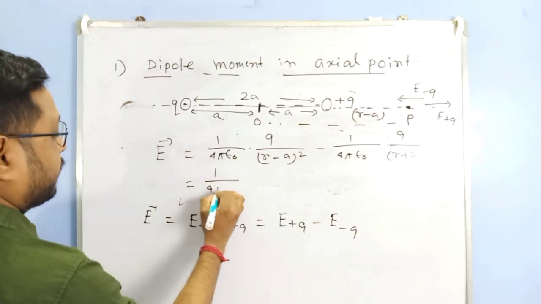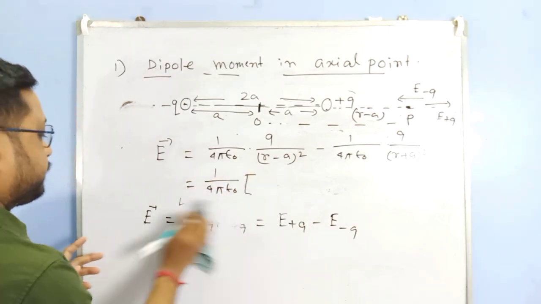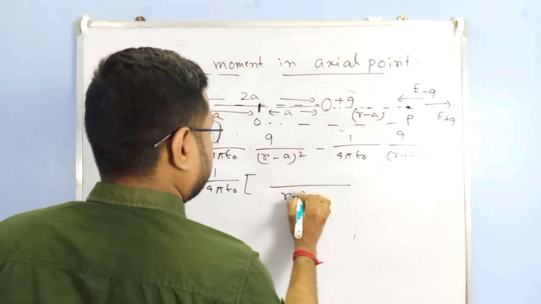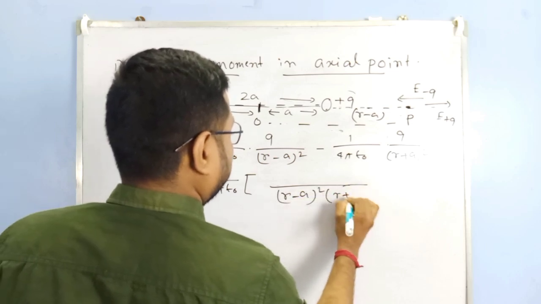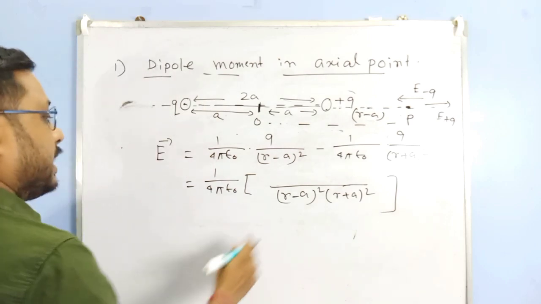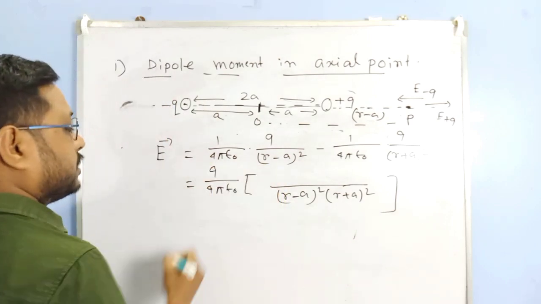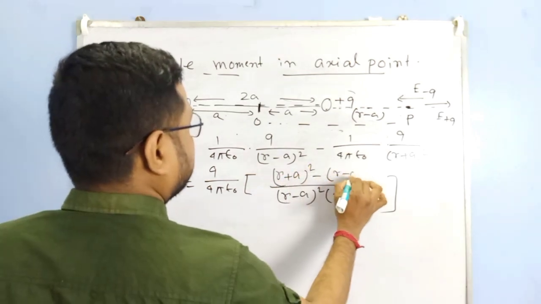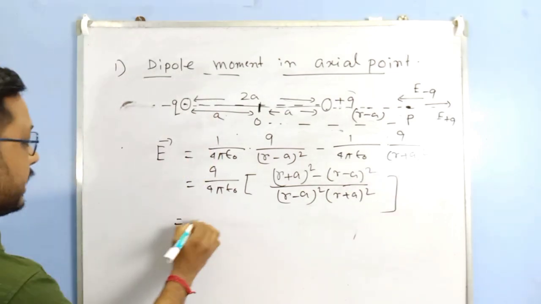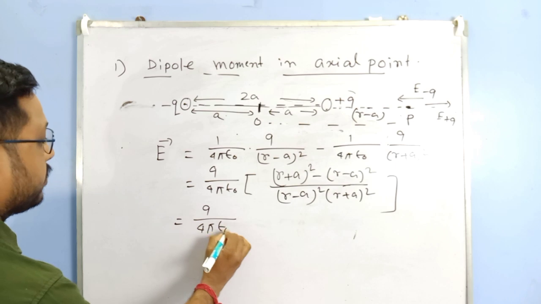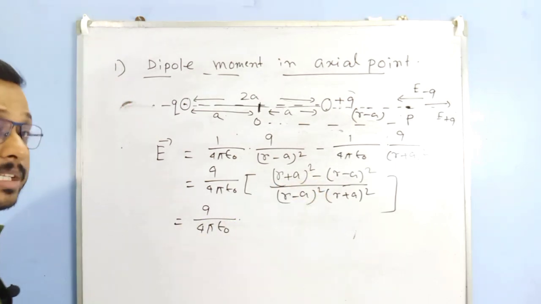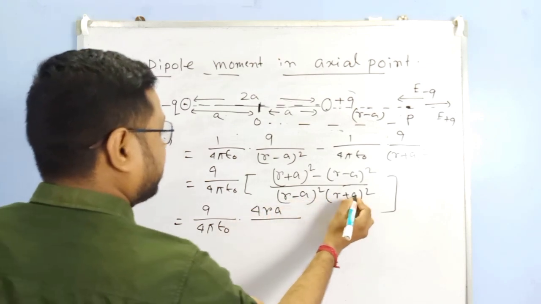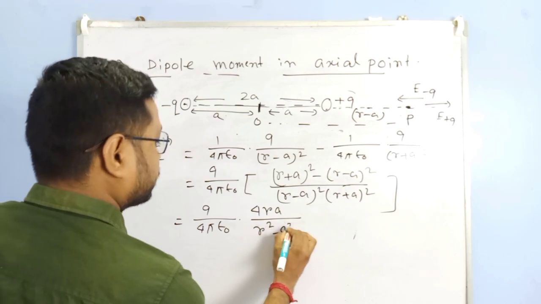Taking the common denominator R minus A square into R plus A square, Q is common, so we get R plus A square minus R minus A square. So we get Q divided by 4 pi epsilon naught, and A plus B square minus A minus B square equals 4AB, that is 4RA, divided by R square minus A square, whole square.